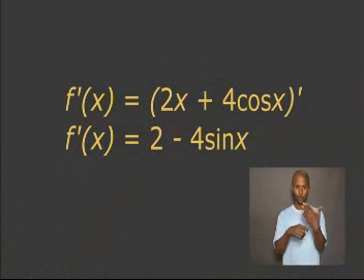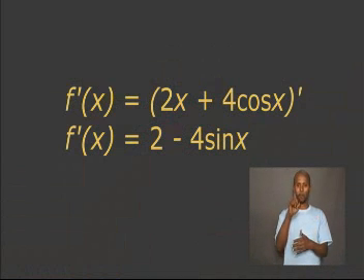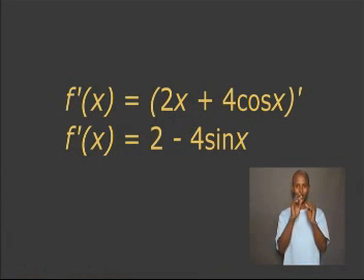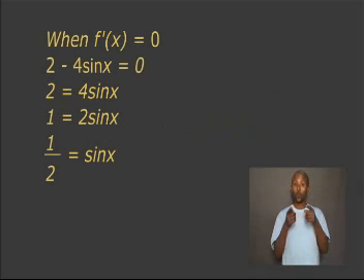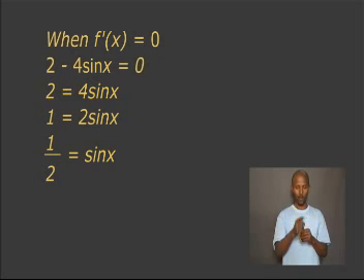So, f prime of x equals 2 minus 4 sine x. When f prime of x equals 0, we can rewrite the expression to find that sine x equals 1/2.